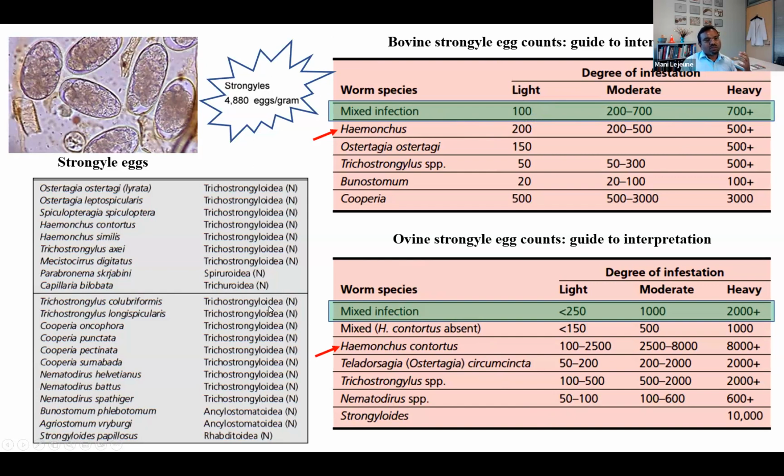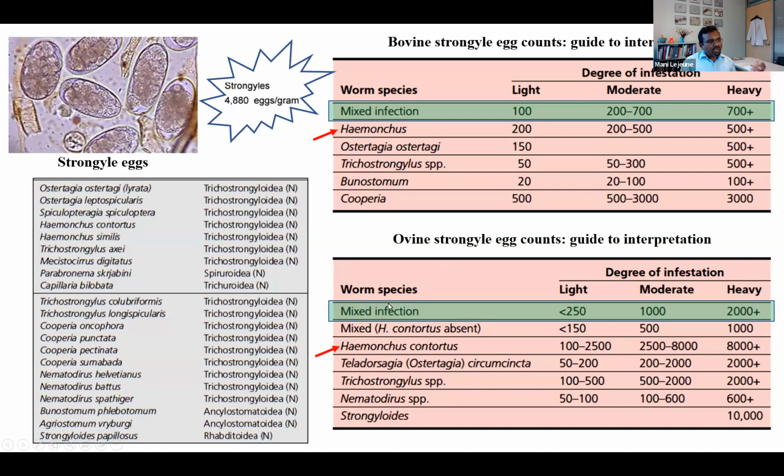When I say mixed infection, if you open up the gut of a sheep, goat or cattle, you always see a group of different nematode species present. So single infection with any one of these species is rare. Mixed infection is the rule.